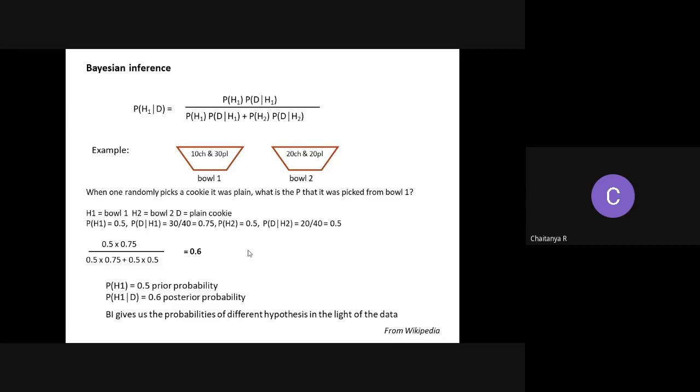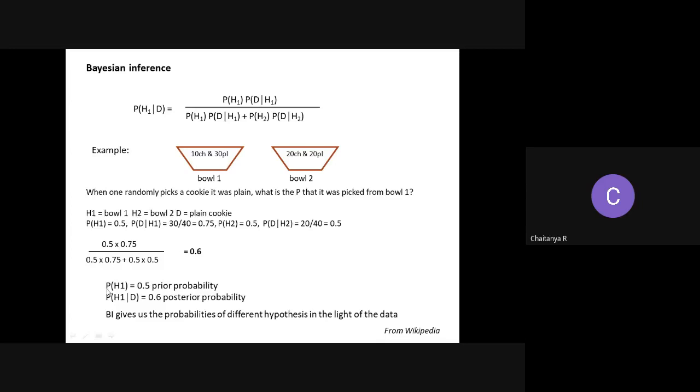So when you blurt out that there's a 0.5 chance, or a 50% chance, that I picked it from bowl 1, you're blurting out what's called prior probability. But posterior probability, as you can see, is a slightly more informed probability of the occurrence of a certain event. And that is why Bayesian inference uses posterior probability to do a whole bunch of things.